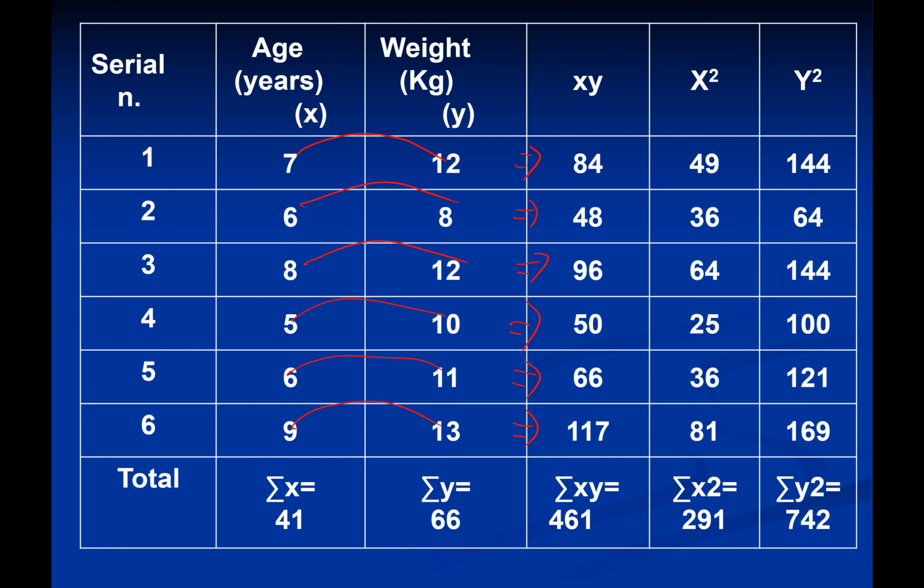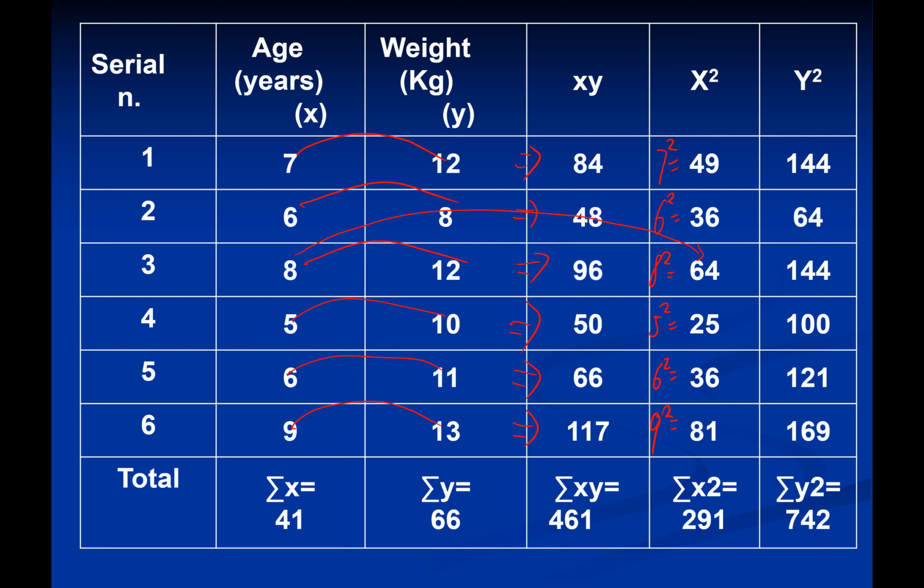And we also need to create x squared. 7 squared turns out to be 49. 6 squared is 36. 8 squared is 64. 5 squared, 25. 6 squared, 36. 9 squared, 81. Now y squared is squaring each one of the y values.